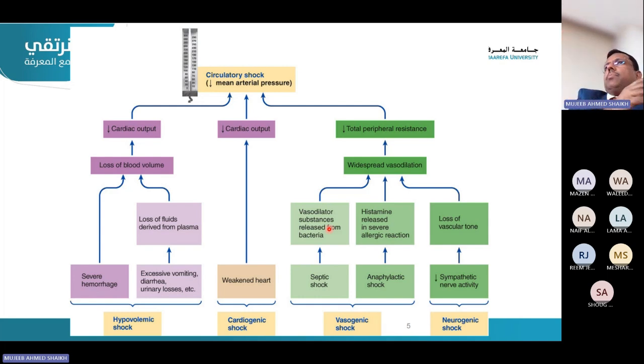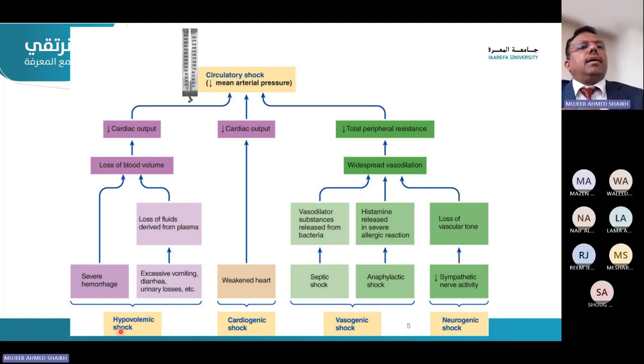We have calculated in the previous lecture that diastolic, 80, plus 1/3 of the pulse pressure is mean arterial pressure, which is around 90 or 93. If it goes down to around 70 millimeters of mercury, then the tissues or cells will start to show signs of hypoxia. So this is the main feature, that there will be tissue hypoxia and decreased blood pressure or mean arterial pressure.